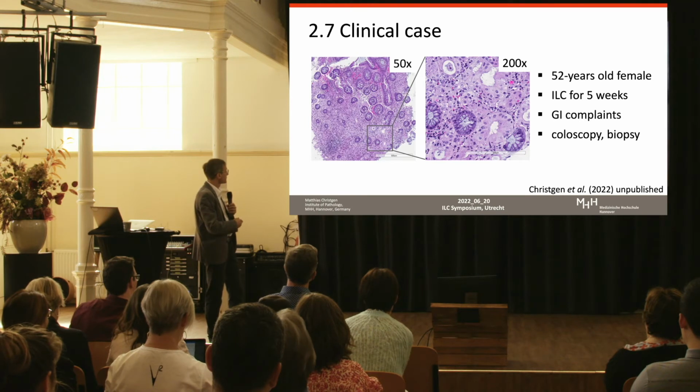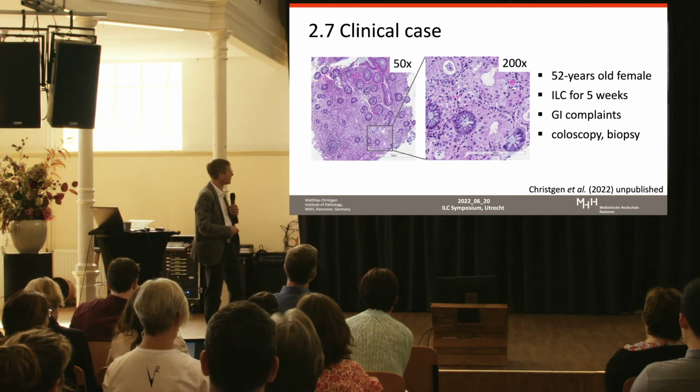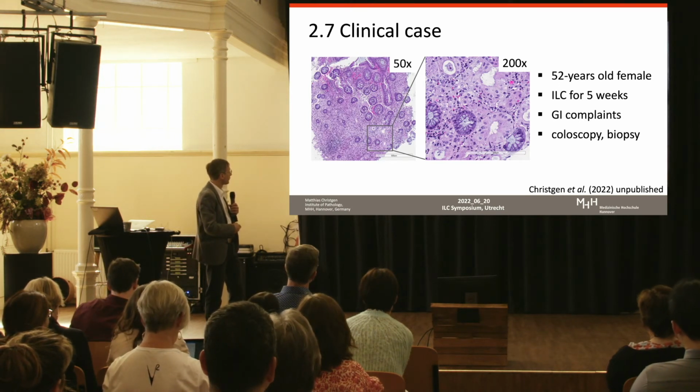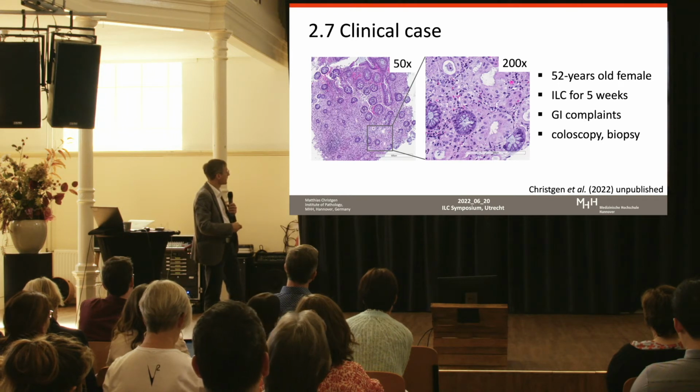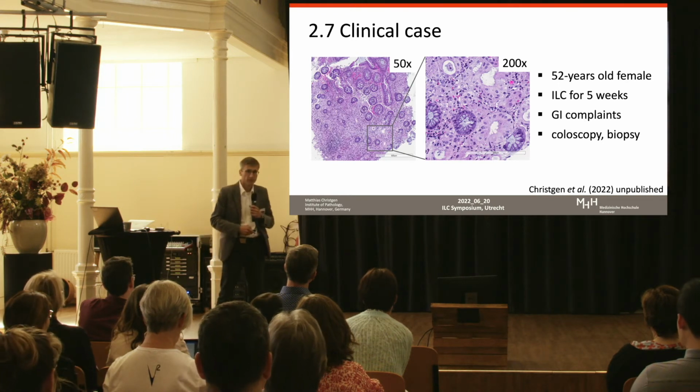Shown here is the histology of this bowel biopsy. It turned out that the normal mucosa of the colon, which is represented here by the somewhat larger glandular structures, was infiltrated by tumor cells that grow in tubules.